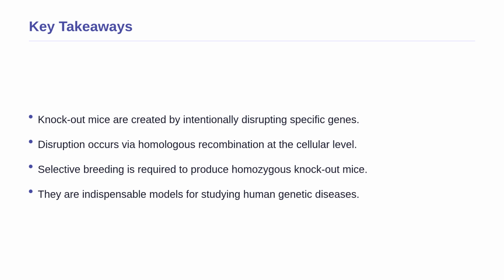Finally, by carefully breeding these engineered mice, scientists create perfect living models for studying human genetic diseases. These animals are absolutely indispensable for discovering new drugs and advancing the life-saving field of gene therapy. You now have a solid understanding of both the biology and the mathematics behind knockout mice.